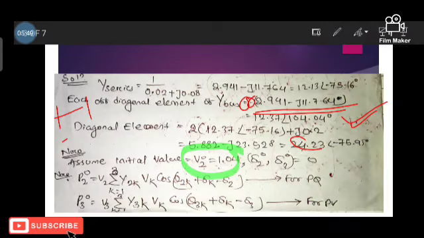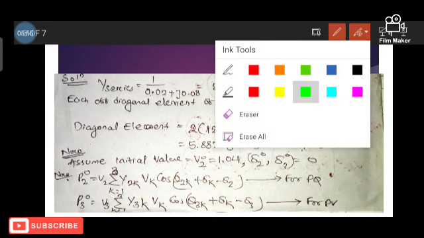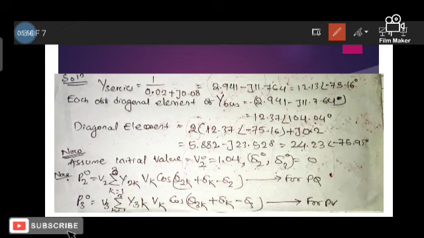I am writing this here. Now we know the formula of the active power and reactive power: Pi is equal to Vi times the summation of k from 1 to n. Because n is equal to 3, we put 3 here. Because it is a 3-bus system, k runs from 1 to 3.